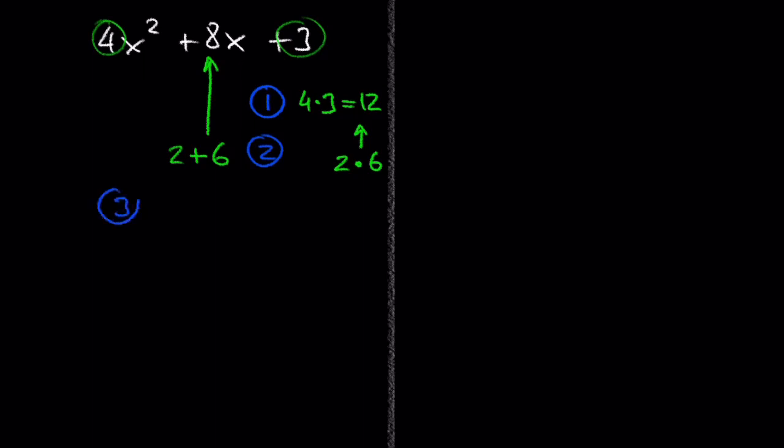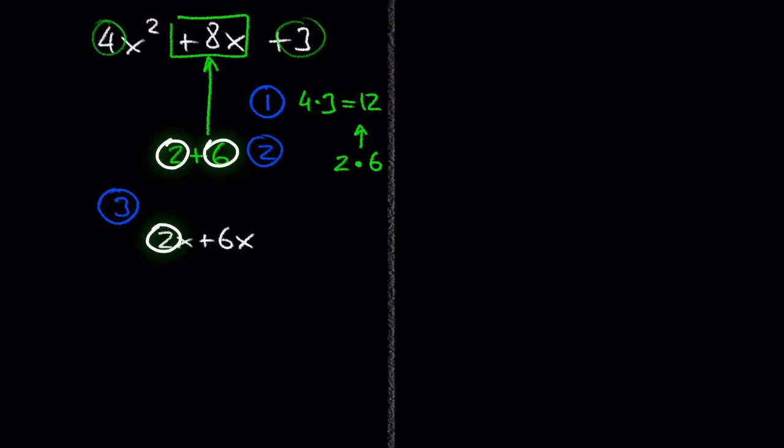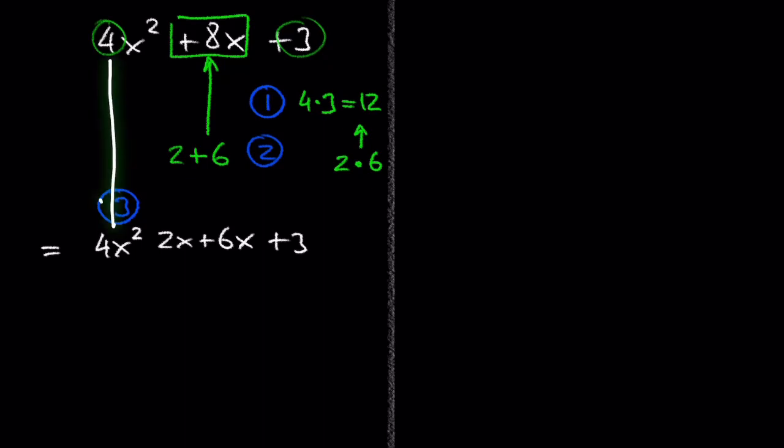And third, we can replace the middle term with 2x plus 6x. The next step is called factoring by grouping.